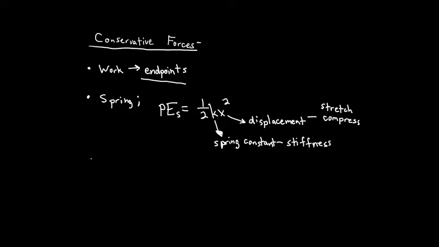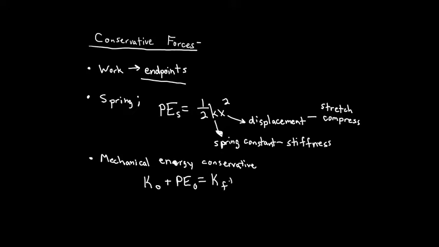And when we only have conservative forces acting, we are conserving something called mechanical energy. The energy in your system is conserved when you're using conservative forces. In the case of conservative forces, you have some kinetic energy at the beginning, kinetic energy initial, plus some potential energy initial, and that has to be equal to whatever final kinetic energy you have, plus whatever final potential energy you have.